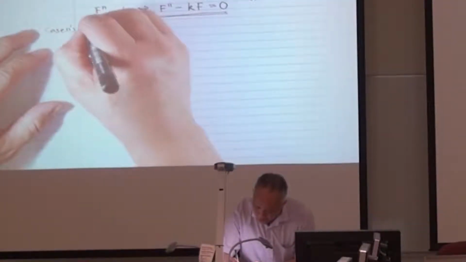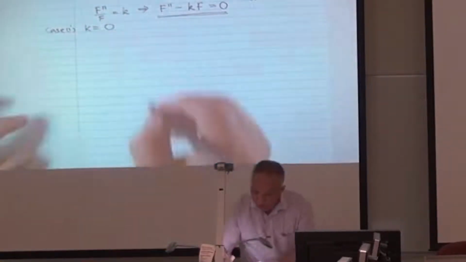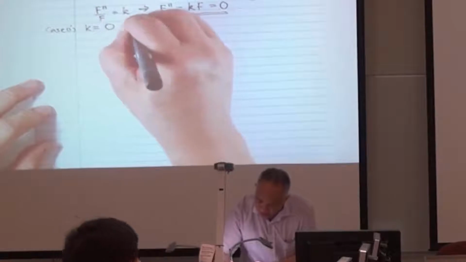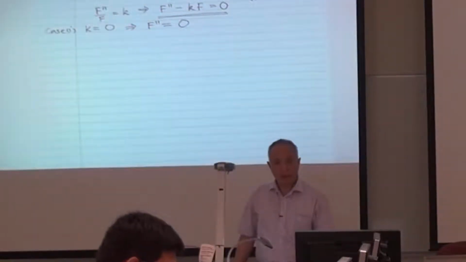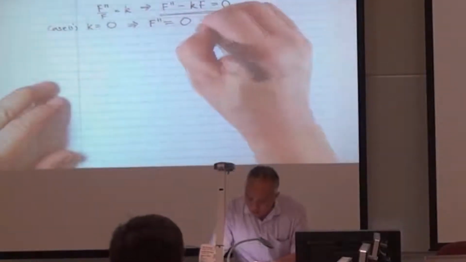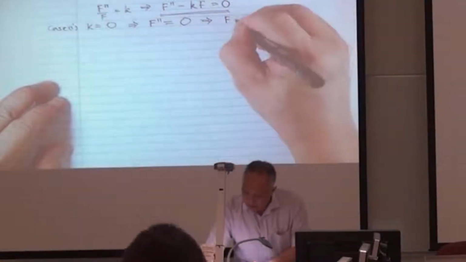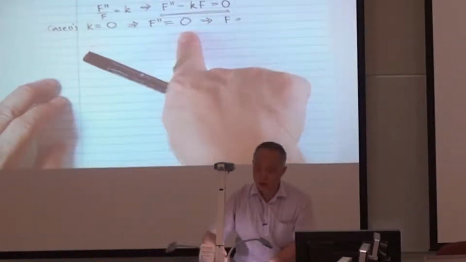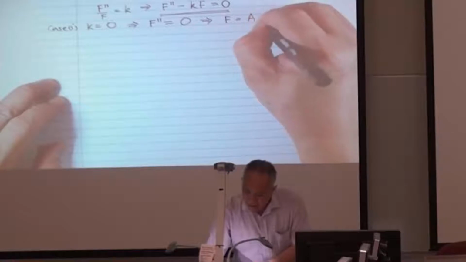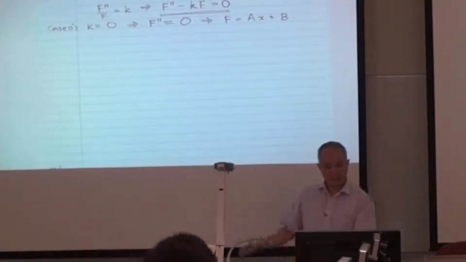Case 1 is when K equals 0. So when K is equal to 0, we only have F double prime equals 0. If we solve it, you integrate 2 times, because this is equal to 0, and you get F of x is Ax plus B.